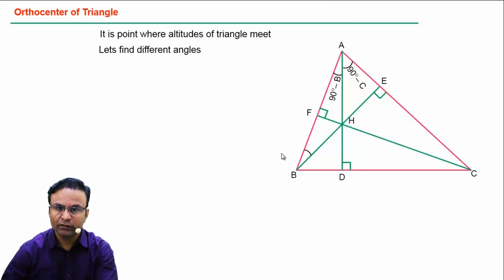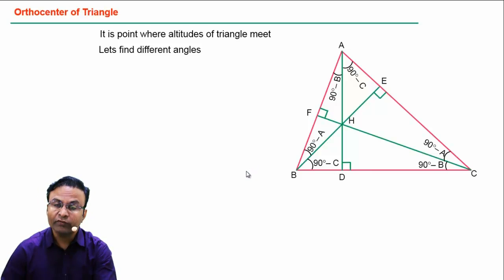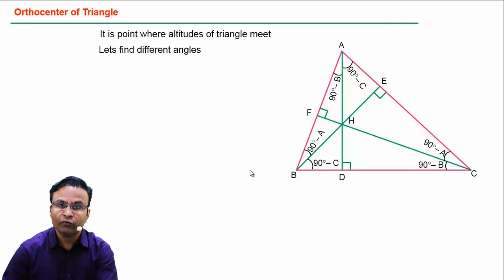This angle is 90 minus A. Then we have angle HBD. This angle is 90 minus C. Then we have angle HCE. This angle is 90 minus A. And then angle HCD, that is 90 minus B. We will use these angles later on for finding some sides of the triangle.